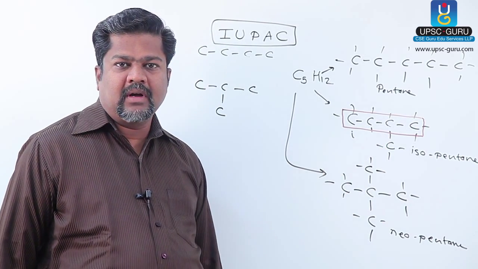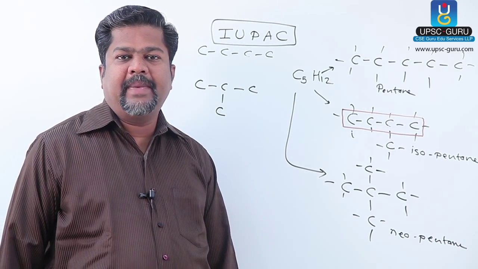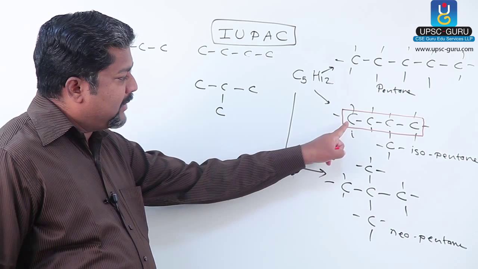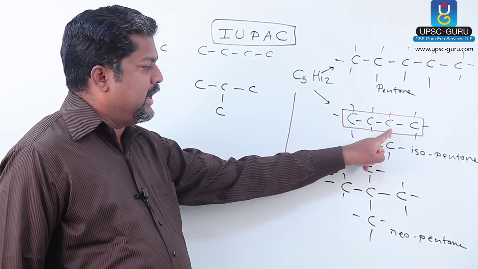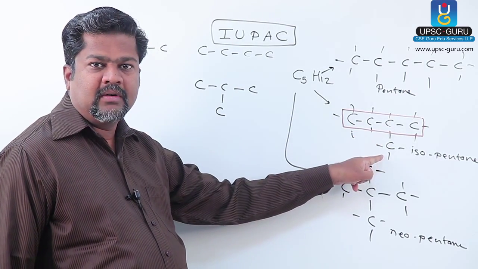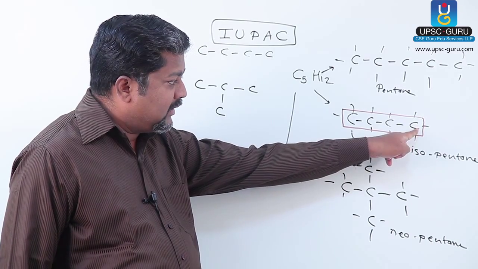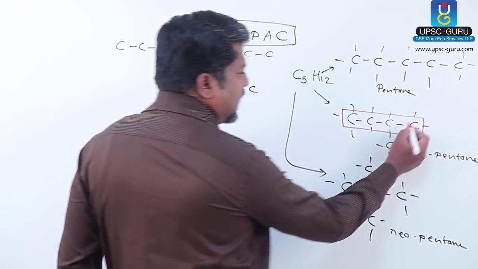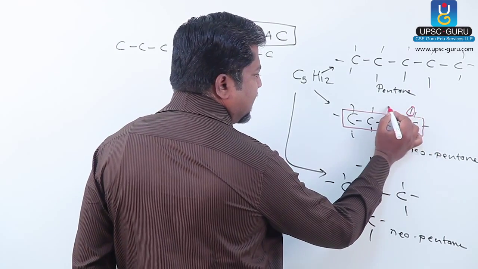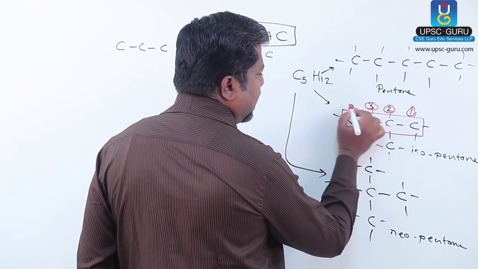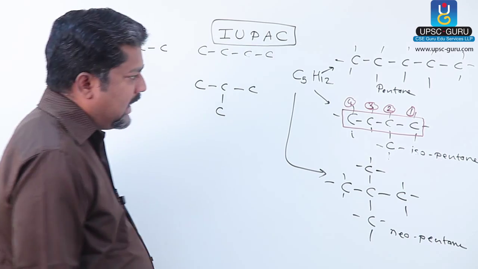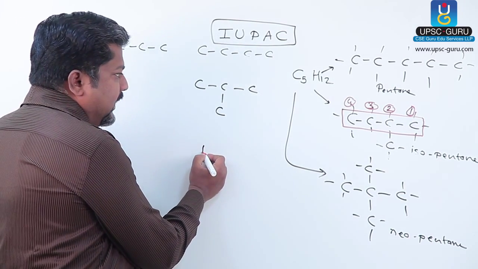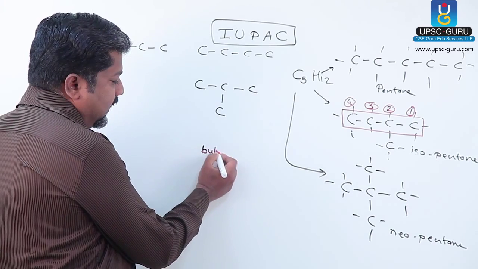We have to number in such a way that the branch gets the minimum number. Suppose I number here 1, 2, 3, then the branch gets number 3. But if I number from here 1, 2, then the branch gets number 2. So I have to number it like this, 1, 2, 3, 4. Now as it is a 4-member chain, I have to write the name as butane.